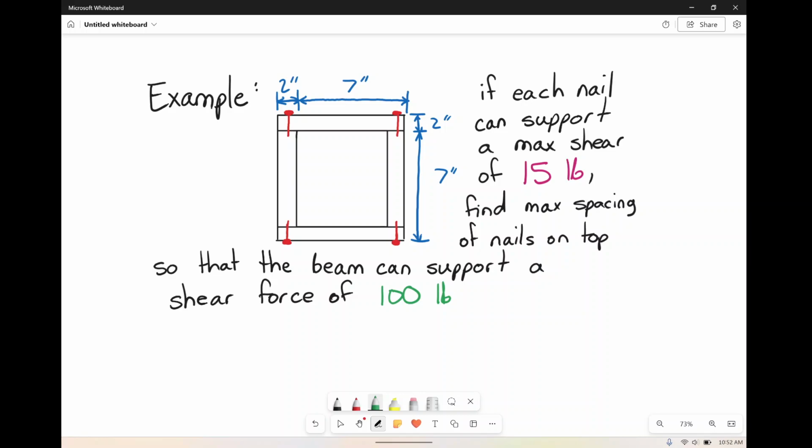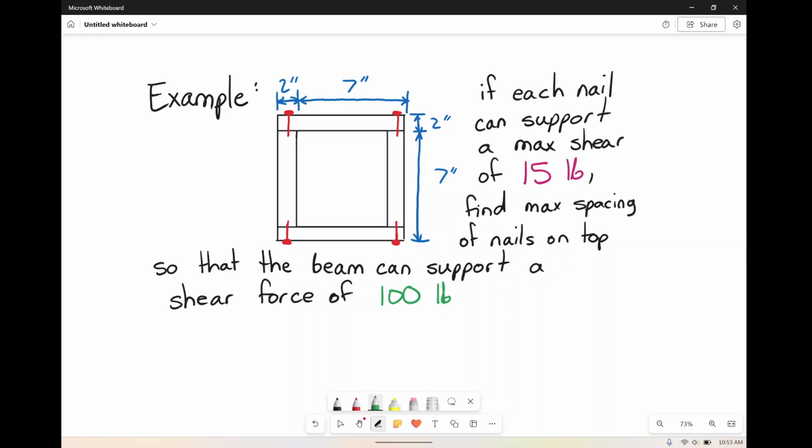So we have this cute little box made up of 1, 2, 3, 4 members, and we have 4 nails, 2 on the top, 2 on the bottom, 1 on each side to connect into those vertical pieces. So each nail can support a maximum shear of 15 pounds, and we want to find the maximum spacing of the nails on the top, because it's pretty much going to be the same on the bottom in this symmetrical case, so that this beam can support a shear force of 100 pounds.